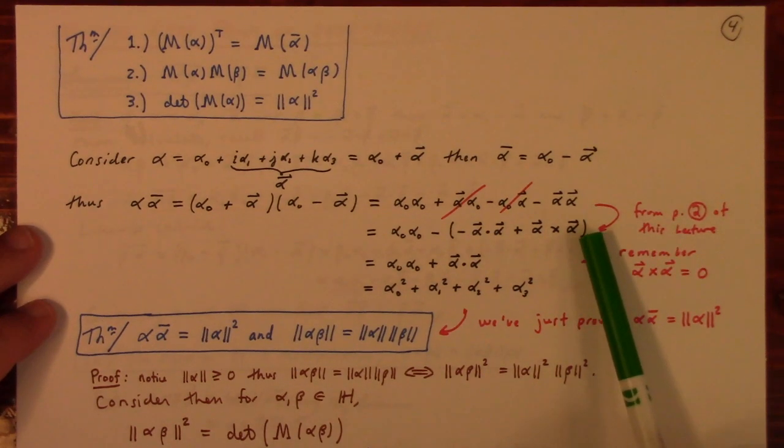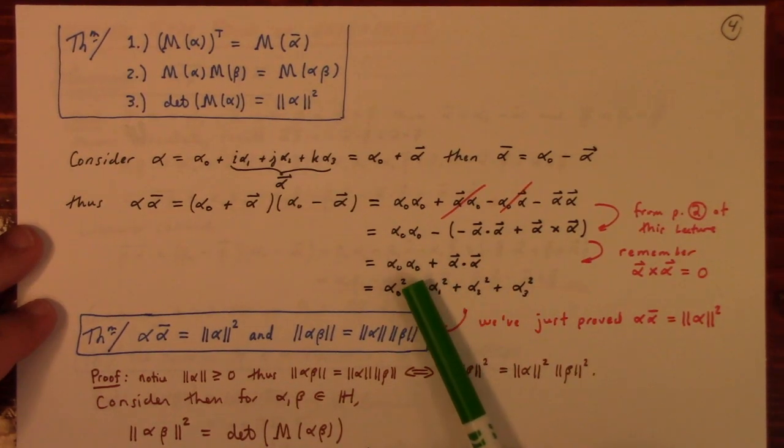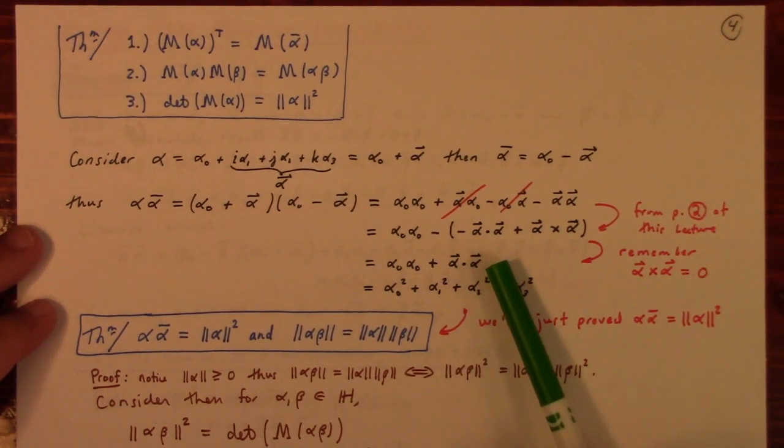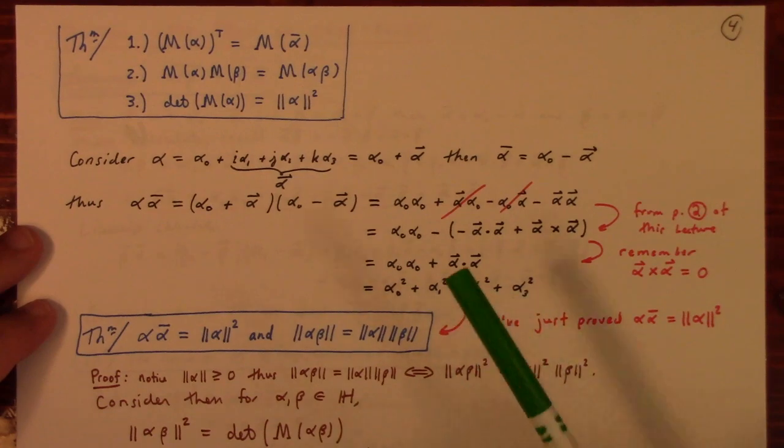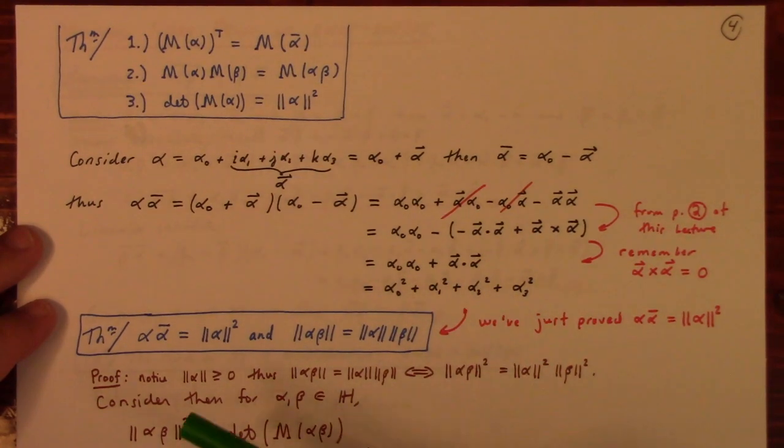Hey, but the cross product of any vector with itself is 0, so that's 0. And you're just left with alpha naught squared plus alpha dot alpha vector, which is the length squared of the quaternion. So this is another thing we get: the length of the quaternion squared is the product of the quaternion and its conjugate.